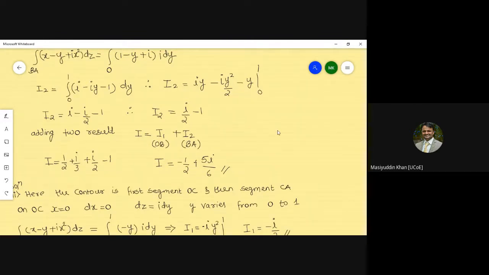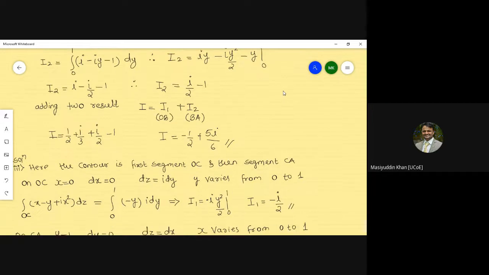In the second problem, it was first along the real axis and then parallel to the imaginary axis, and in the third, along the imaginary axis and then parallel to the real axis. So vice versa is there in the second and third problems.